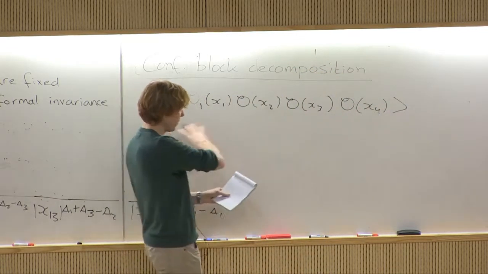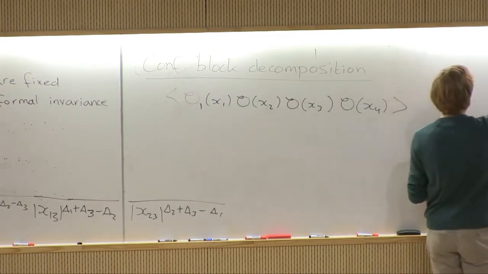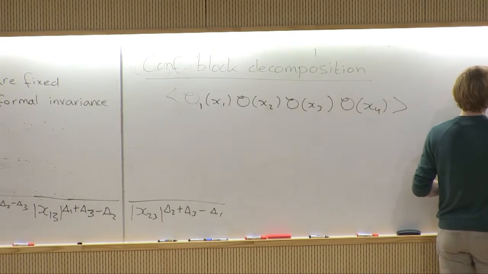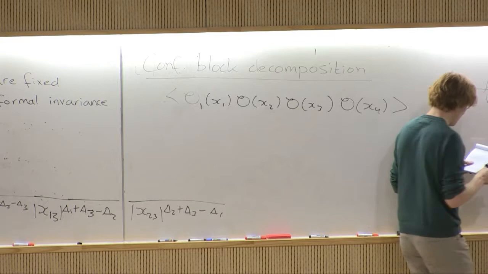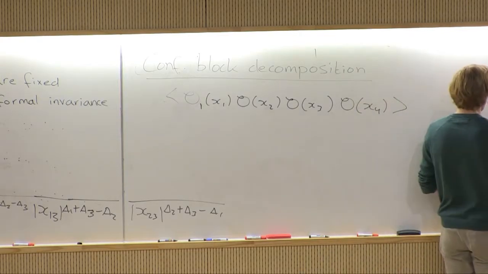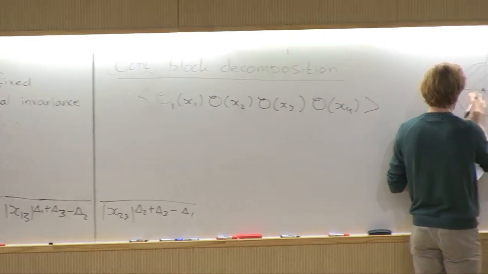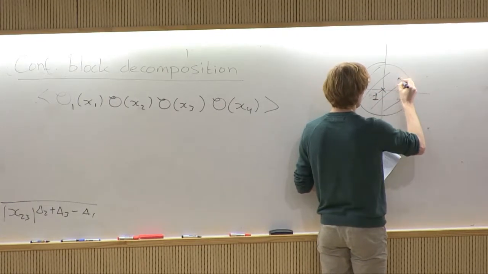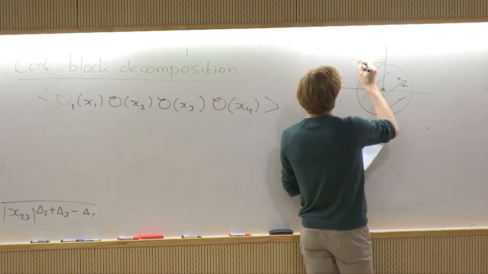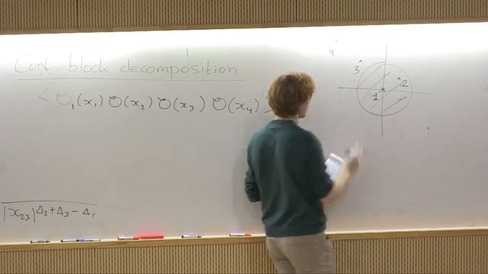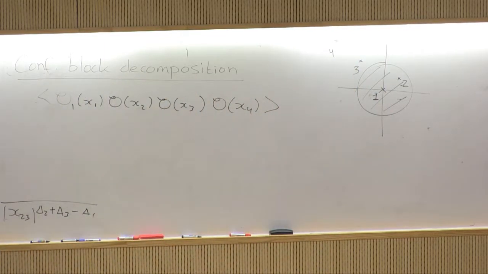And let me organize the 4 operators in such a way that I can apply the operator product expansion. So in particular, I'll put 1 here, I'll put 2 here, and then 3 and 4 are somewhere outside. So I'm in a good position to apply the operator product expansion.